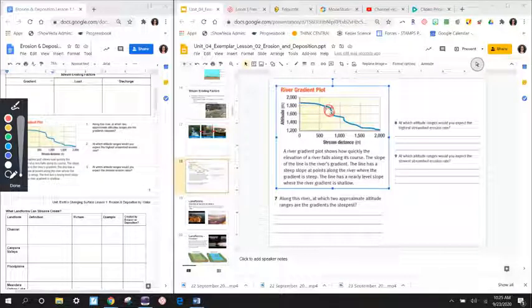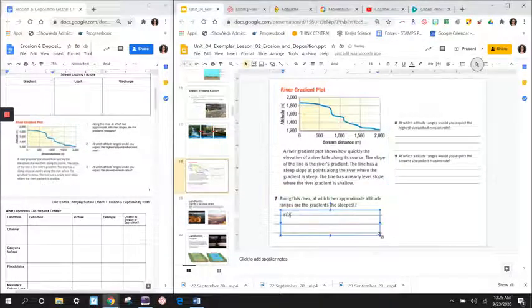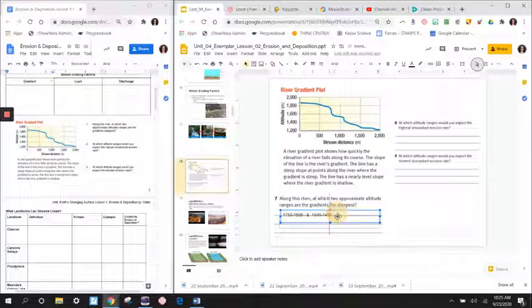So this would be the first area. And then the second area would be right here, between 17,500 and 15,500, and from about 15,000 to 14,000. That is what your answer should probably comprise of here for number 7.